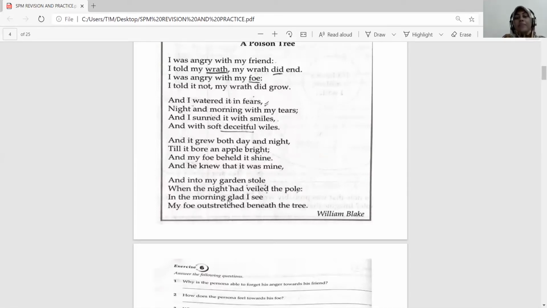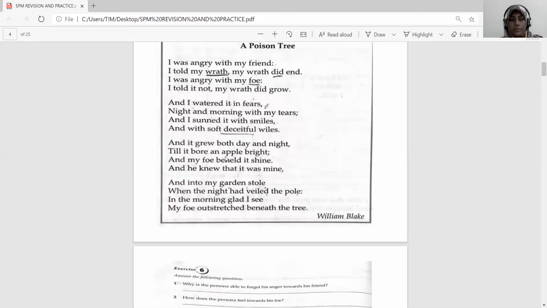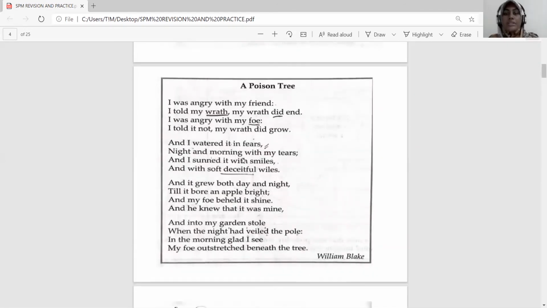Okay. What is the theme for this poem? If they ask you what is the theme, what will be the theme for this poem? Friendship. Friendship between whom? Okay, if you say it's friendship, I don't think so.